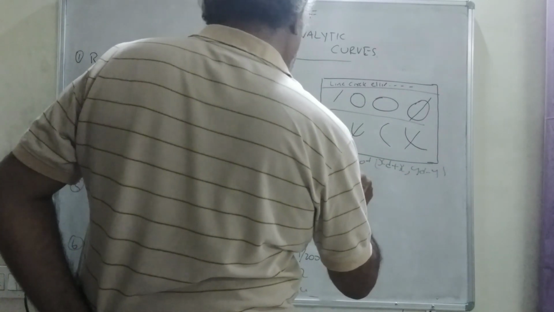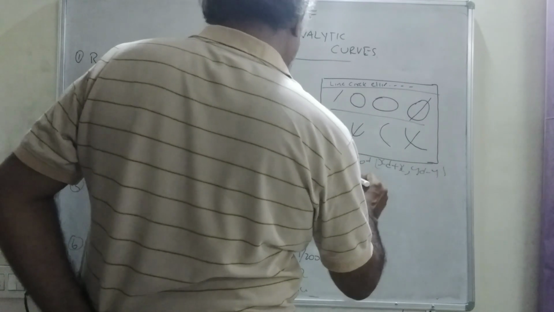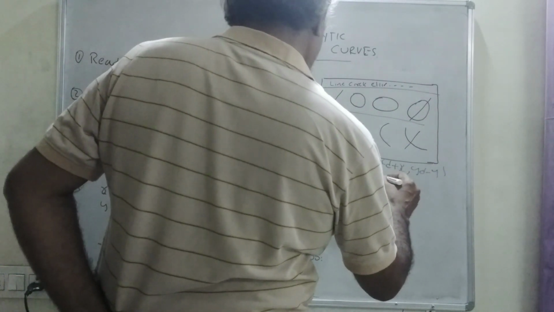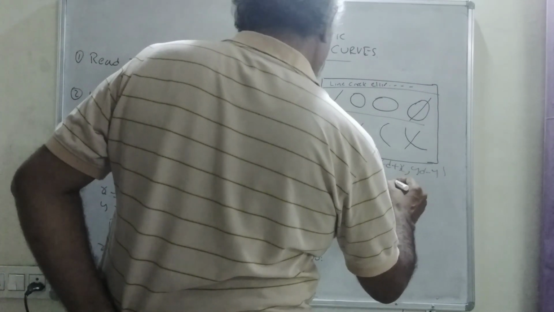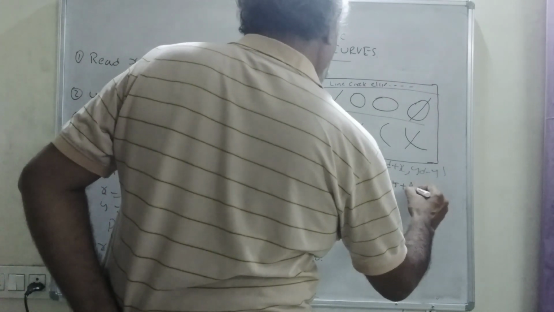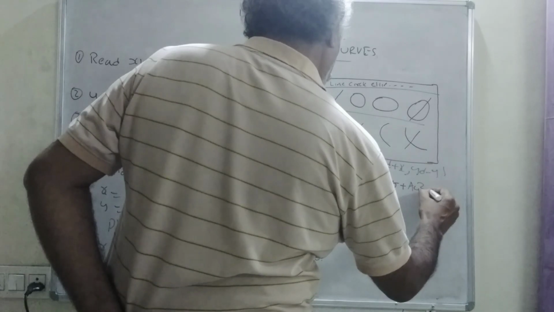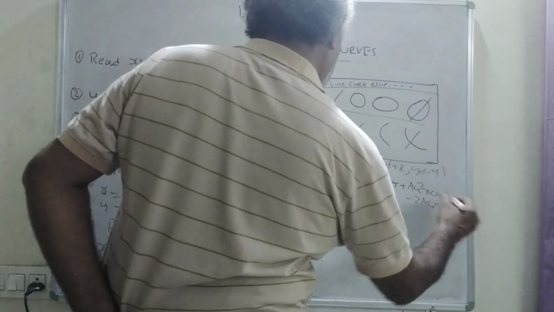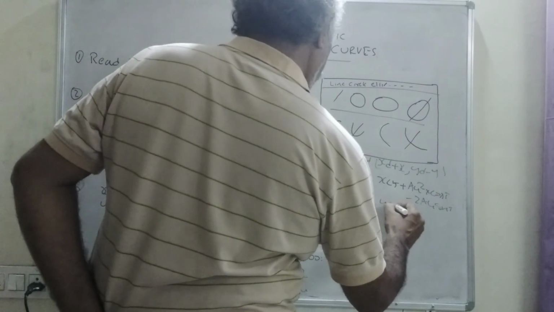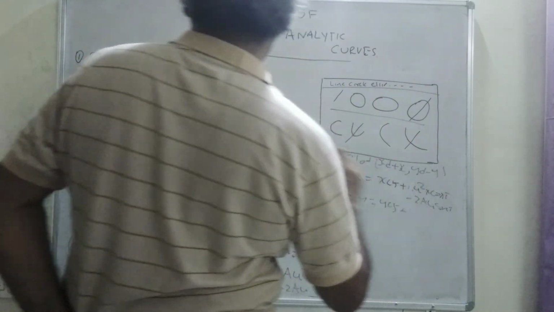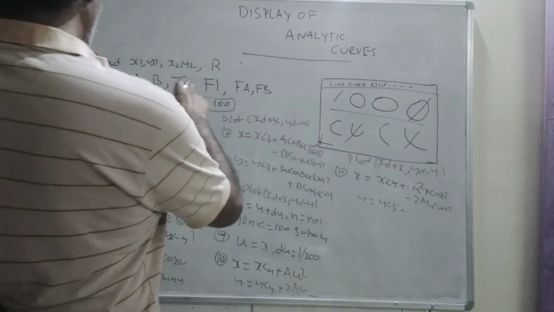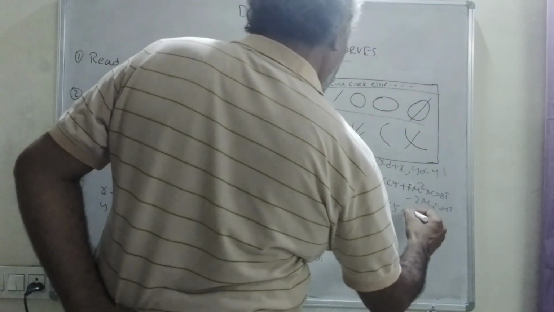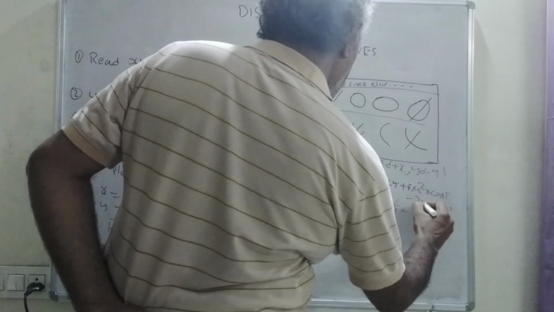And next one, 11, x is equal to xc5 plus a u square into cos t minus 2a u sin t. Y is equal to yc5. So you get a is here what? F1. This is first F1. Here also F1 is there.